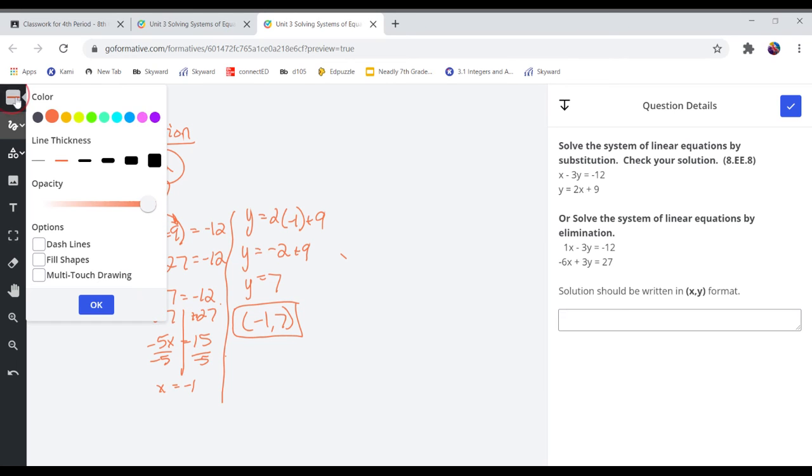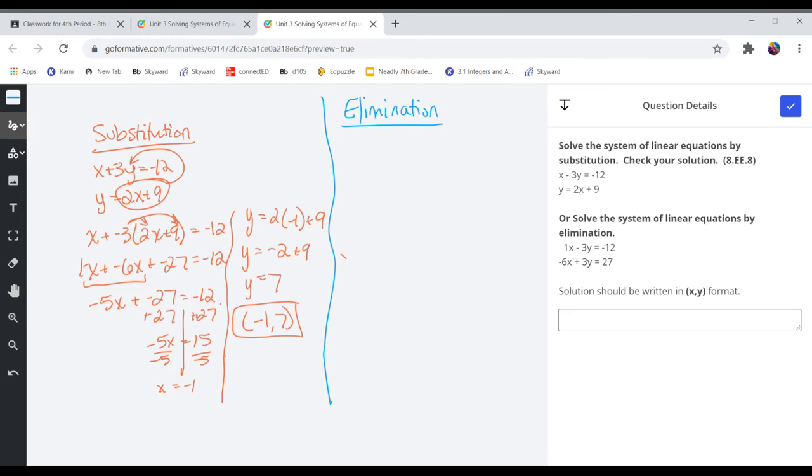If you used elimination, you can check your work here. All right, so I'm going to take the equations: 1x minus 3y equals negative 12, and negative 6x plus 3y equals 27.